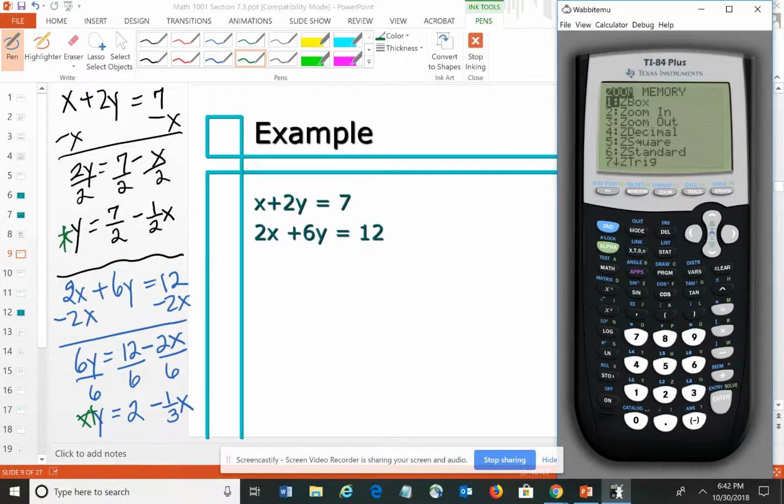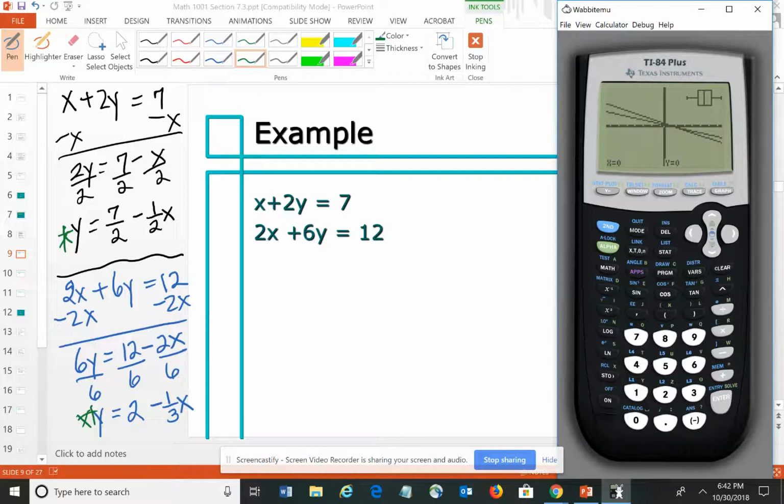Looks like I went the wrong way. So let's try zoom out so I can get a little bit further away and maybe get a better picture. Again, this is the downside of using the graphing calculator.